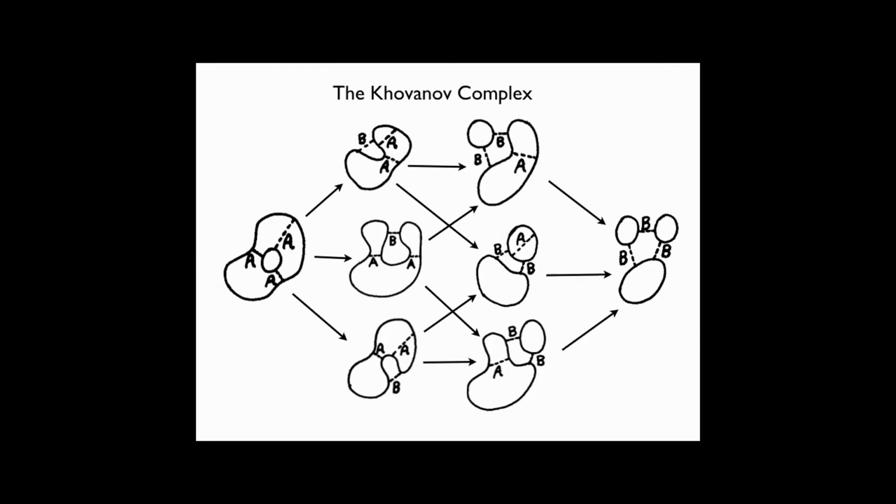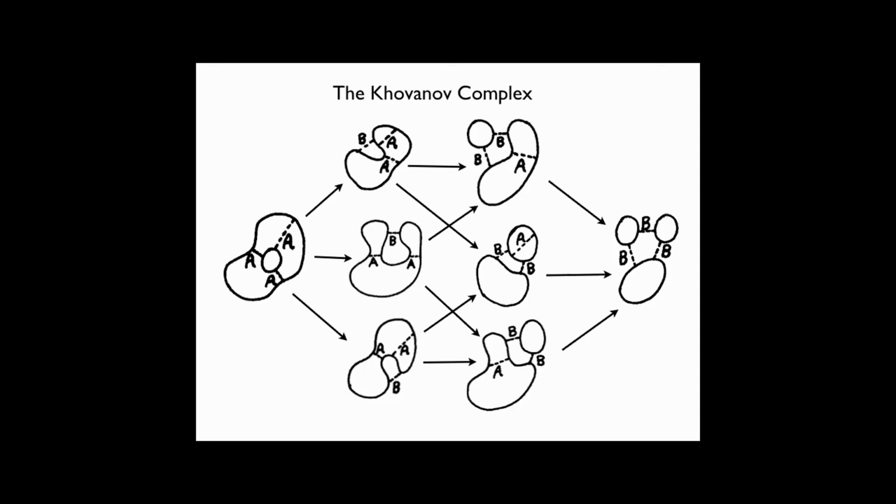And then the arrows going out from them change one of the A's to a B, so that the second column has one B, the third column has two B's, and the fourth column has all B's. And you can systematically generate all the states from the all A state by drawing such a picture.